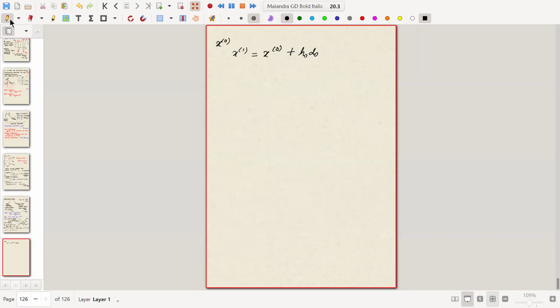As you know already, d naught we say is the descent or search or travel direction. And h naught is your step size.